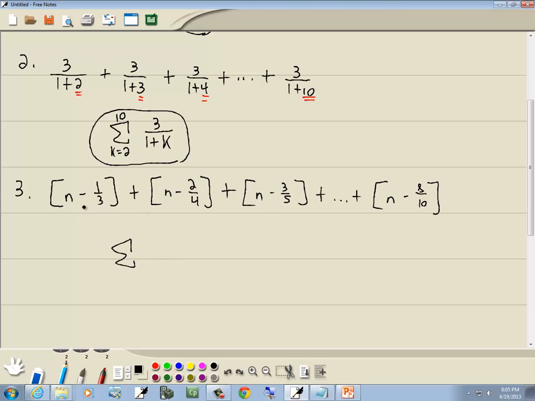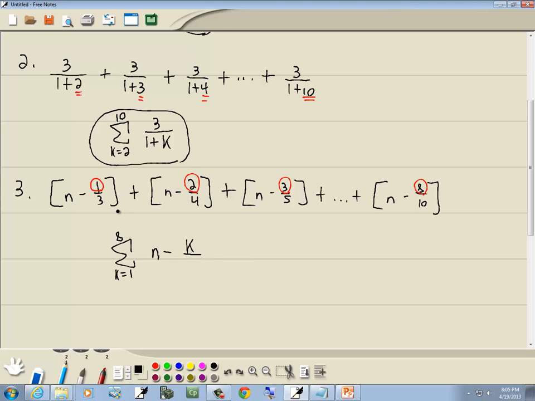Okay, I noticed that all of these start with n minus, so we're going to have n minus here. Let's look at our number up on top. We got 1, 2, 3, all the way up to 8. So it looks like it goes from 1 to 8. So we're going to have k is equal to 1 to 8. And then we'll have n minus, we'll put k up on top.